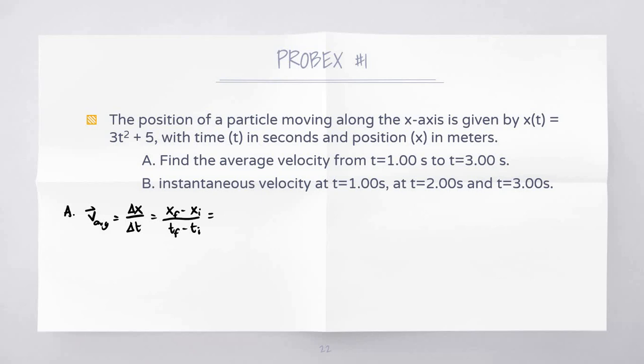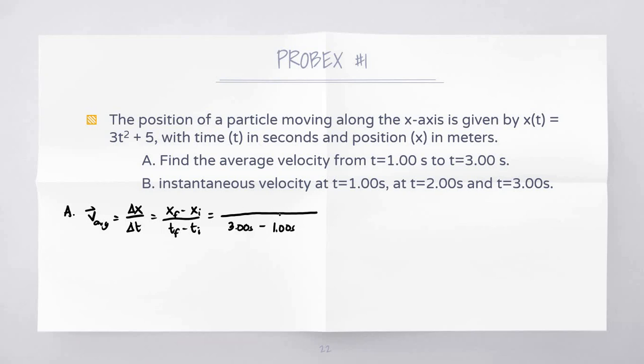As for letter A, the final time and the initial time are already given, so you can write it down immediately. The final time would obviously be 3 seconds, so 3 seconds minus 1 second.